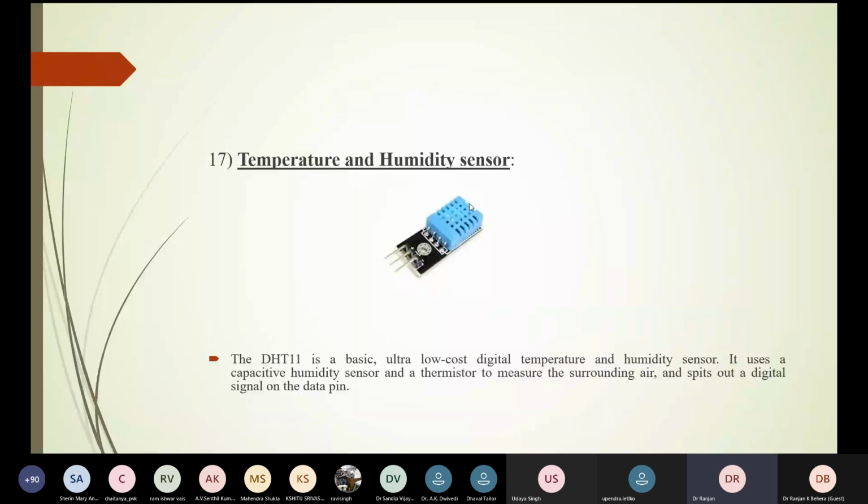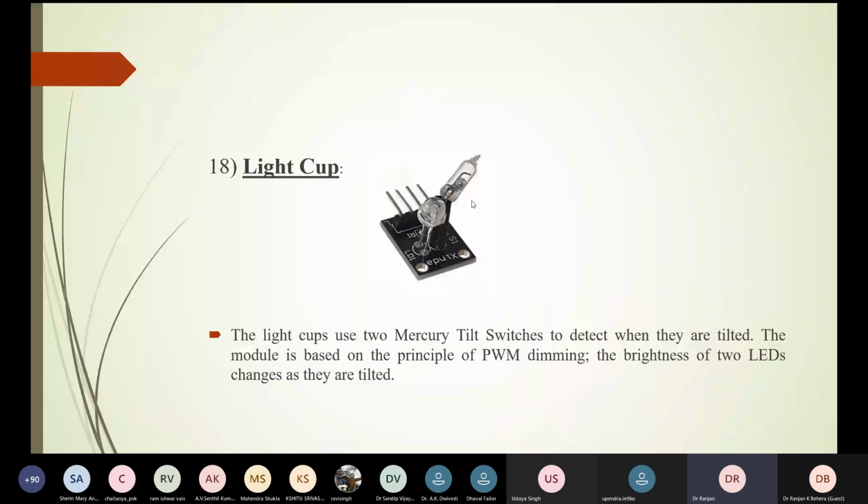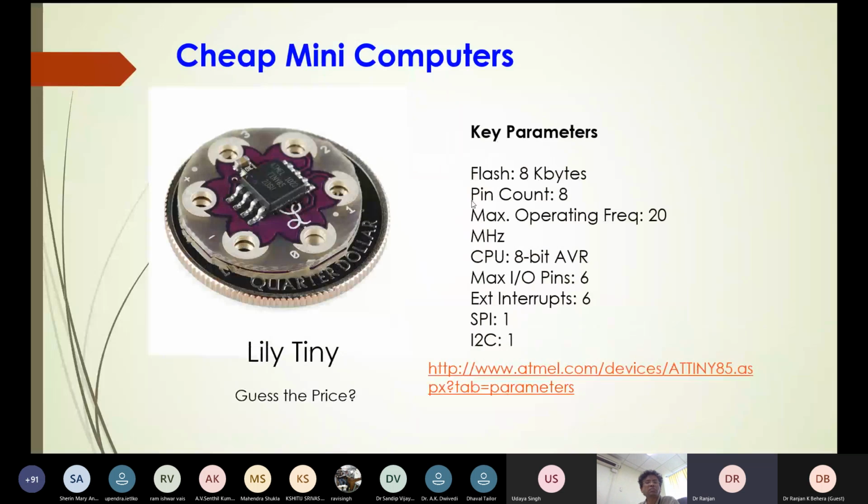And there are a few light cops, and mercury tilt switches. They detect when they are tilted. That is used for balancing, when you go somewhere, to check whether the surface is balanced or not.